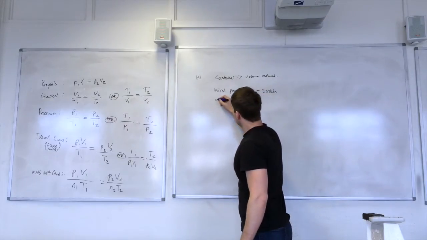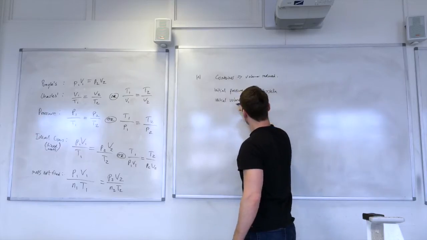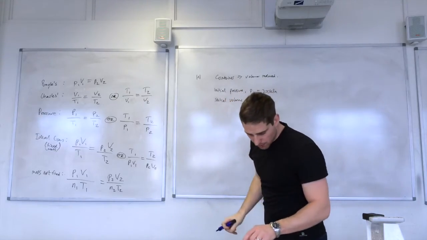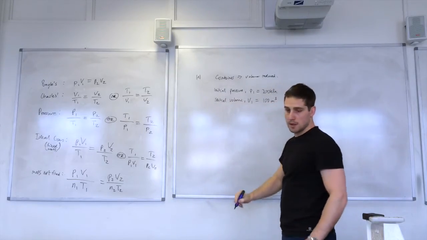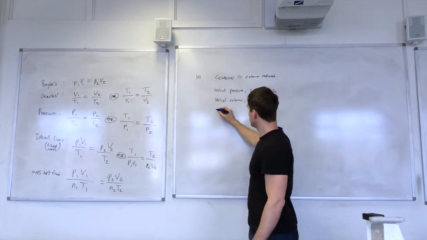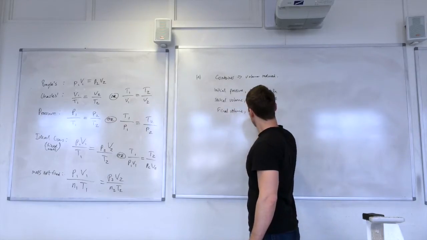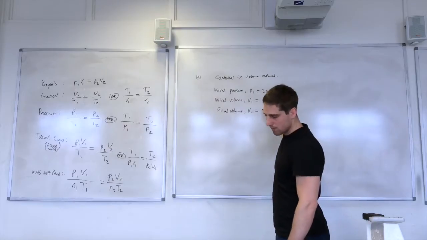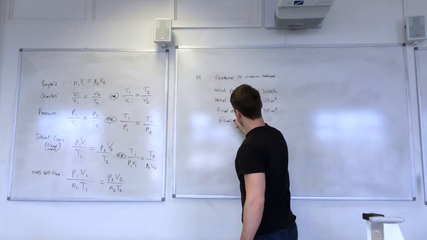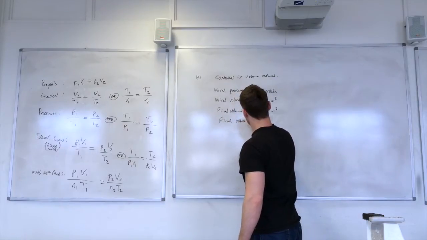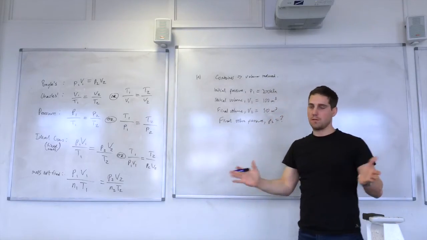Initial volume is 100 cubic meters, and final volume is 50 cubic meters. We want to find the final pressure.